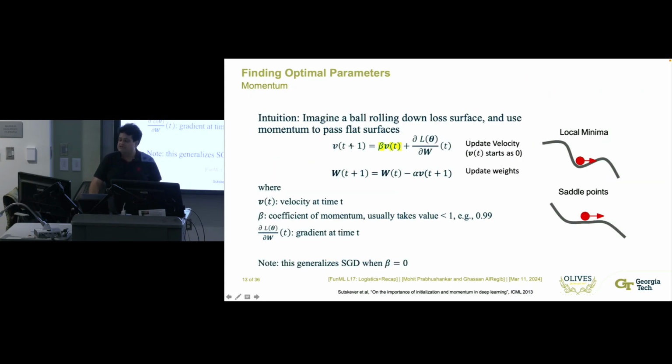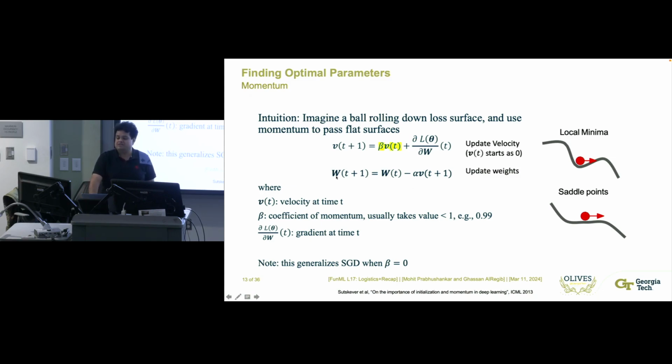And momentum was the first thing that we saw. The intuition of momentum is given here basically, where if you imagine a ball that is rolling downwards, you're not taking the optimization at every point separately. You need to look at how fast it was optimizing in the previous iteration, let's say, and use that in order to update your weights in the next iteration. So that's where we have this terminology called Vt.